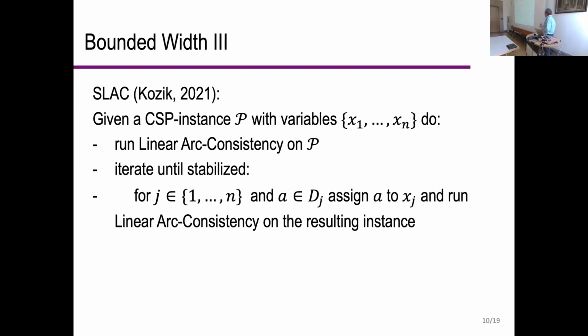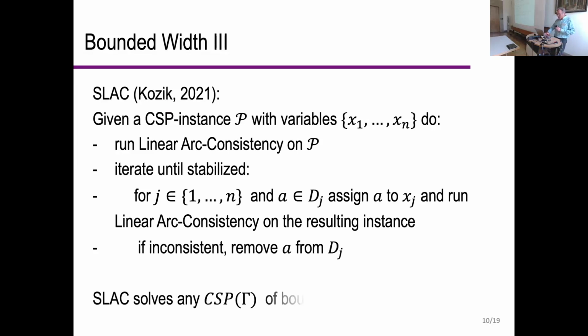I take a variable, fix a value for that variable, and run this linear consistency. If I get some contradiction, I say, okay, this variable cannot be assigned that value, remove the value. That is called singleton linear consistency. And this one solves all CSPs of bounded width, but it is much, much faster than the alternatives. So we are going to use this one.